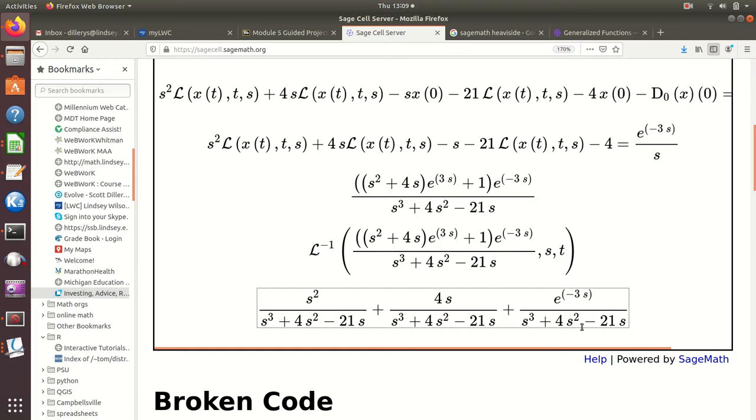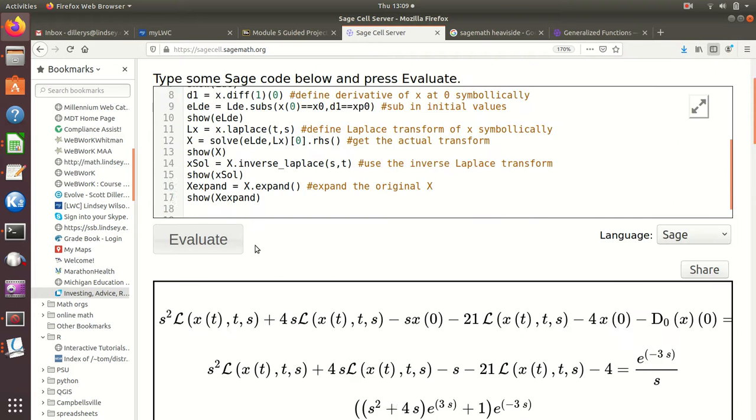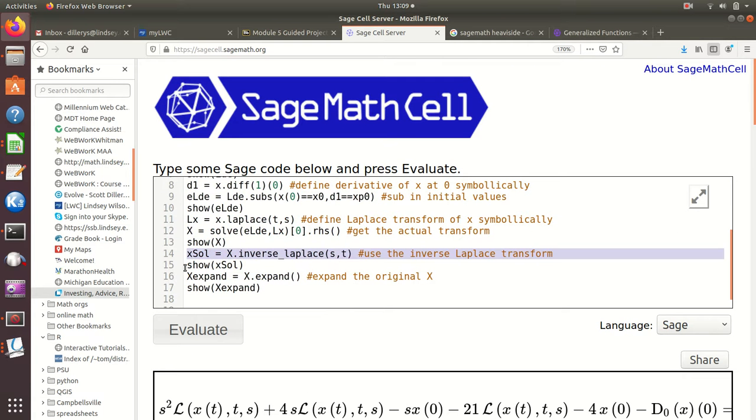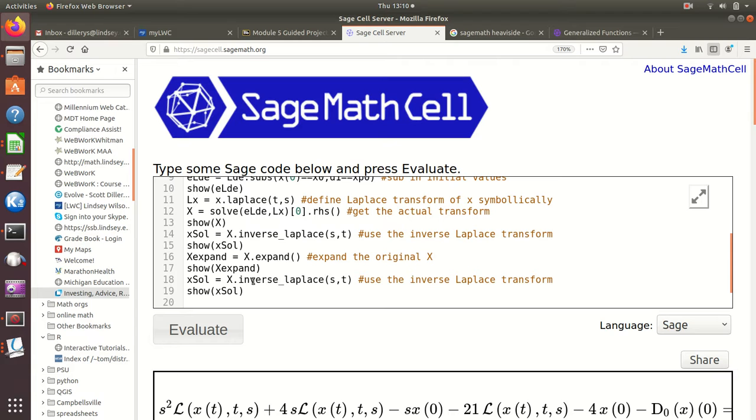Oh, well, maybe this will be much better. I've got that s squared over this, 4s over that, and then the e to the minus 3s over all this. Okay, so awesome. So I'm going to try this again. I'm just going to copy those two lines, put them down here, but now x needs to be the x_expand variable right here, and then the solution's the same, so I evaluate.